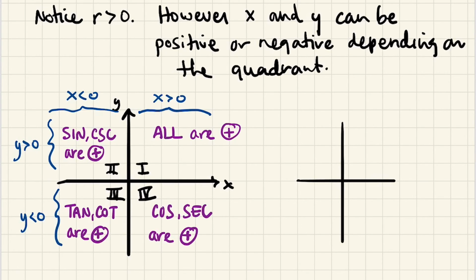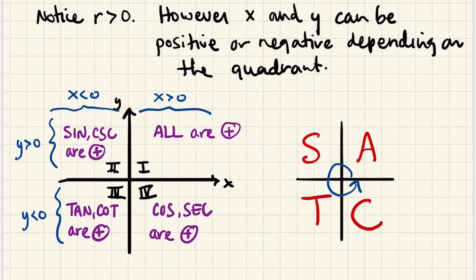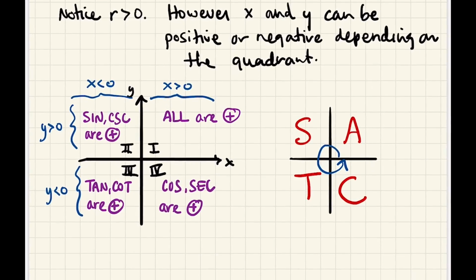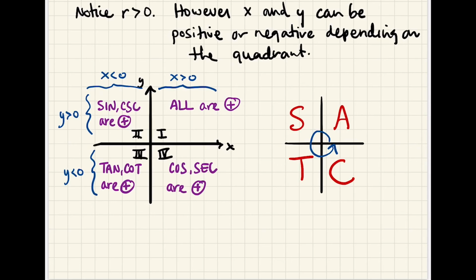So there are some helpful mnemonics here. You can make up your own, but I'll share a couple with you here. A, S, T, C. Okay, read in this order. First quadrant, second quadrant, third quadrant, fourth quadrant. So A, S, T, C, where A stands for all, S is sine, T is tangent, and C is cosine.